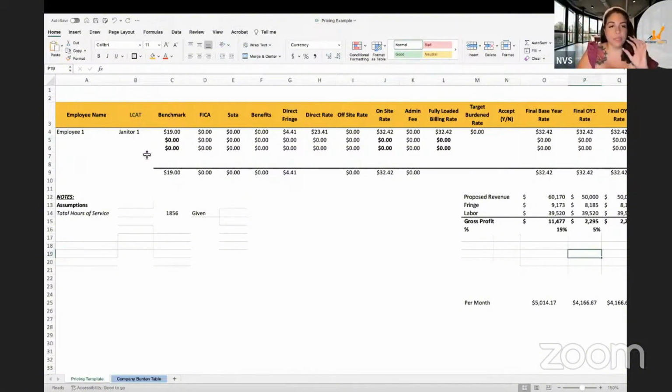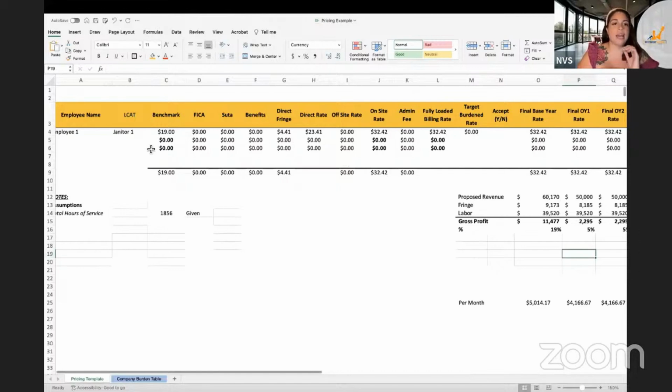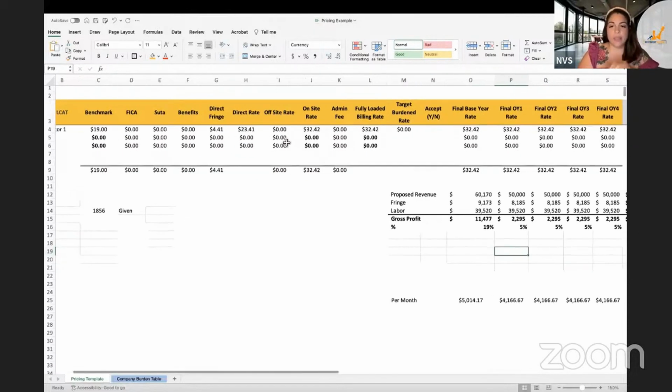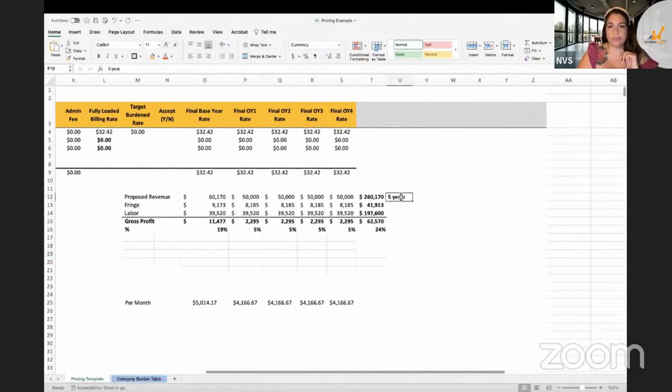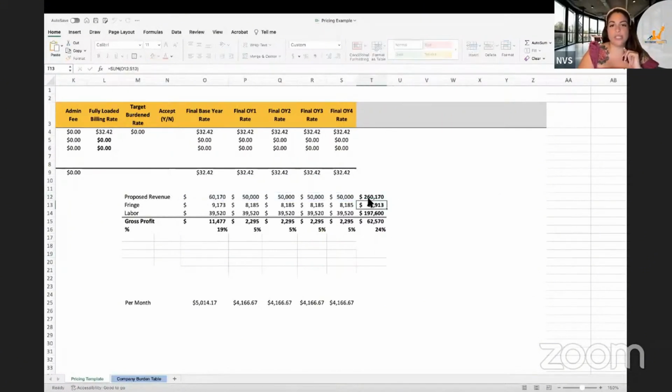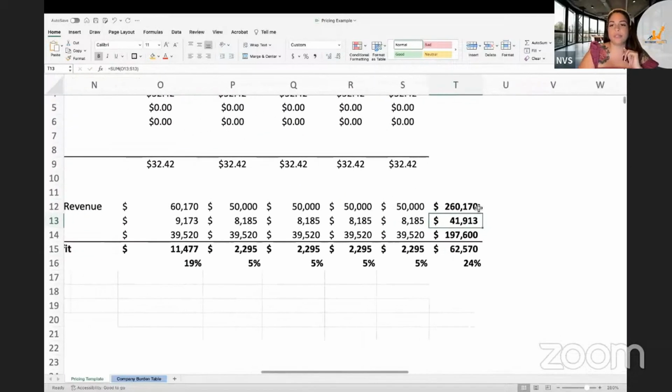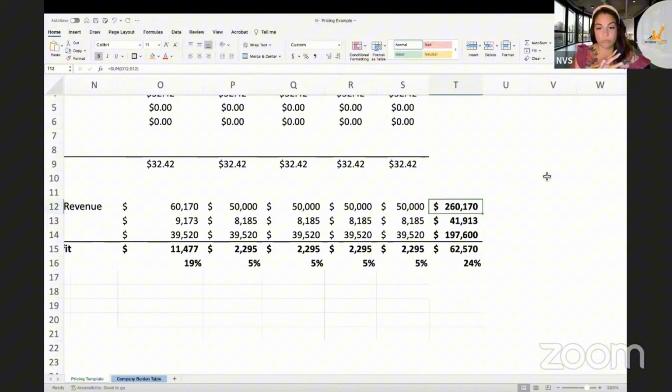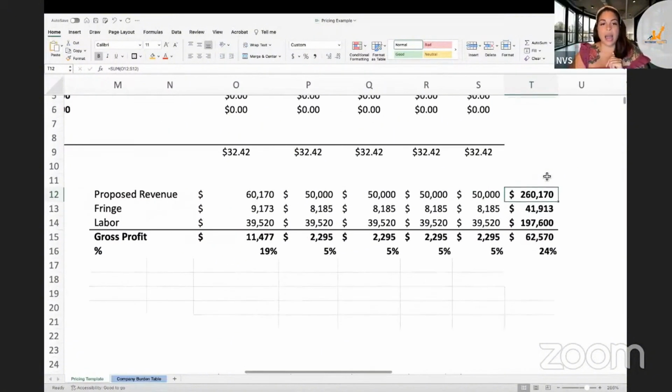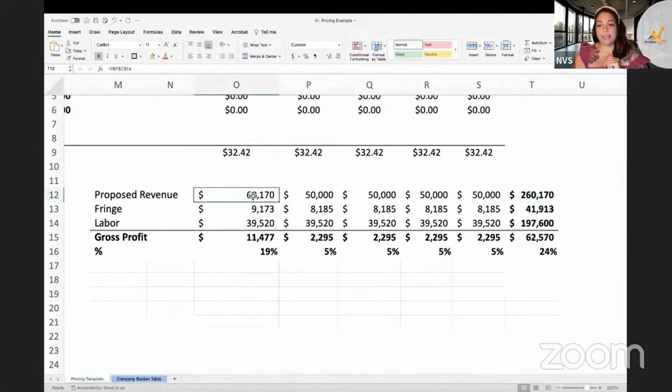When someone says, I have won this much money, that's awesome, right? But let's be real. Let's say I won a $260,000 bid. That's not how much I'm taking home. It's a 5-year contract. So in reality, I'm making about this much.